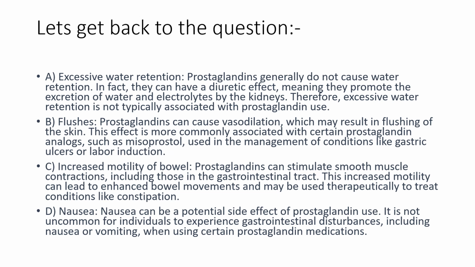This increased motility can lead to enhanced bowel movements and may be used therapeutically to treat conditions like constipation. Option D, nausea. Nausea can be a potential side effect of prostaglandin use. It is not uncommon for individuals to experience GI disturbances, including nausea or vomiting, when using certain prostaglandin medication.